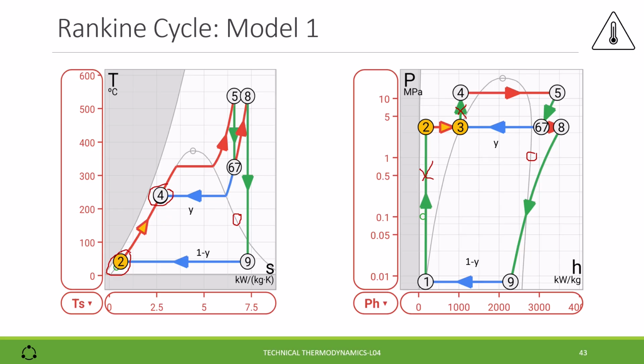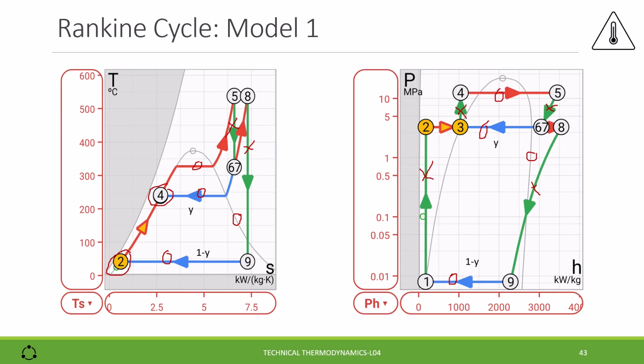The isothermal transformations within the saturation region are also isobaric and appear in both charts as horizontal lines. The transformations 5, 6, 7 and 8, 9 are isentropic and therefore vertical in the chart TS, but since the enthalpy gets reduced, they run from right to left in the pH diagram.